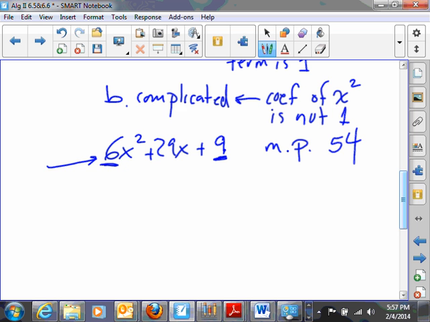Now, the question that you ask yourself now is what two factors of 54 add to give the middle coefficient, or in this case, 29? Well, once again, if you don't know, then just start listing them. 1 times 54. Now, 2, does 2 multiply by anything to give 54? Well, it does. 2 times 27. And if you look at it, 2 plus 27 will add to be 29. So we found the pair.